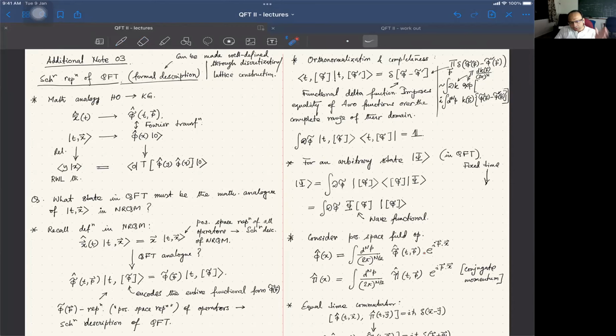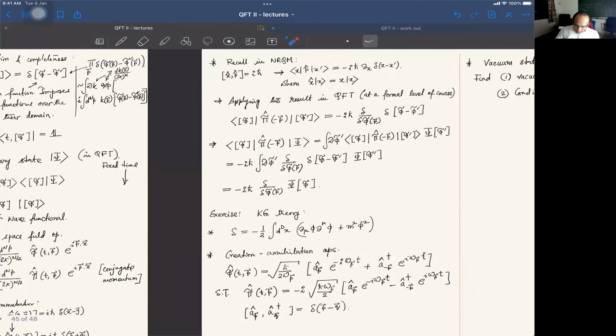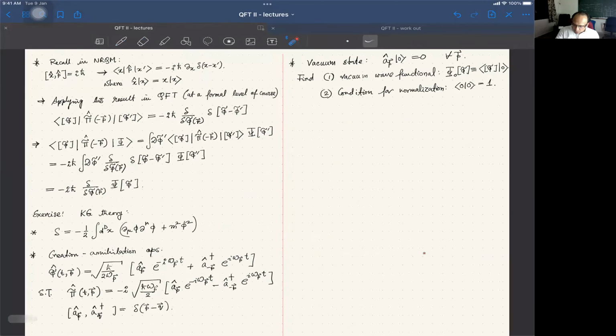Just following those things and applying this analogy with discipline, one arrives at all these equations and these results, which finally enables one to find the wave functional for the vacuum state of the quantum field theory, Klein-Gordon theory. And if you have any questions, you should clarify with me when we meet. Okay.